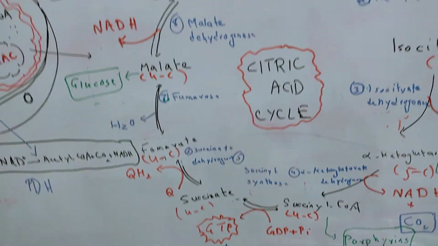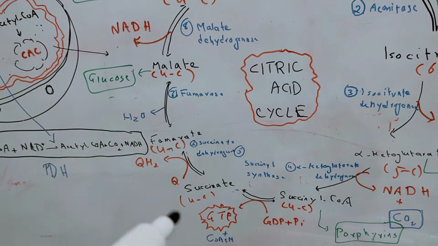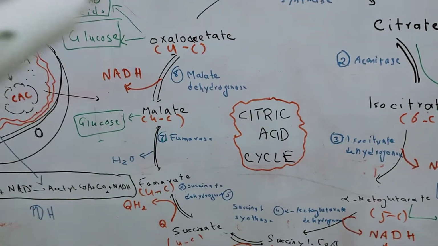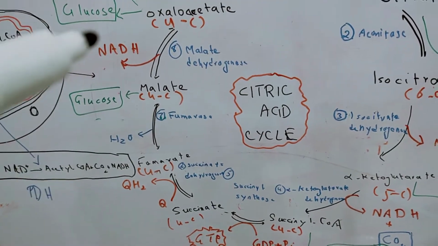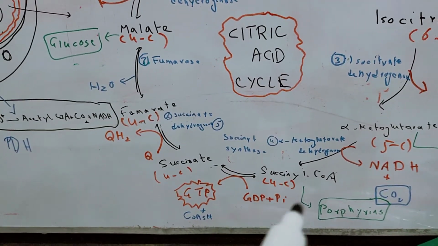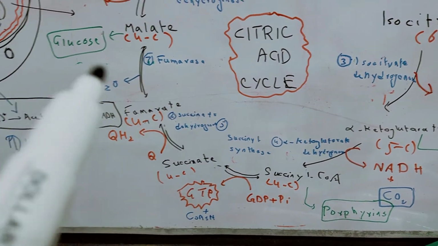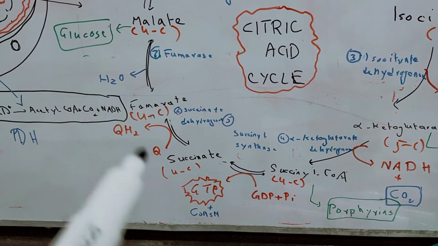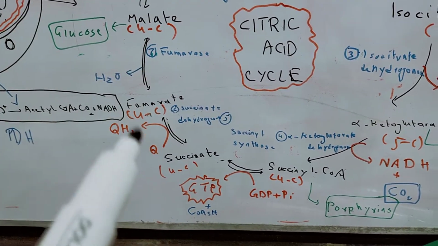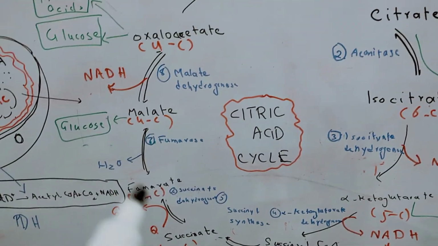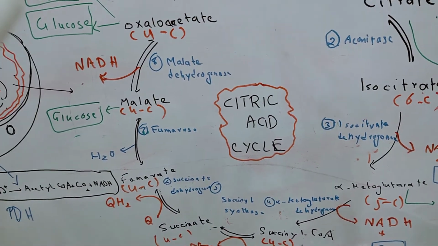Now, the remaining steps of the citric acid cycle are based upon regeneration of oxaloacetate, as you can see here. Succinyl-CoA will form succinate, succinate will form fumarate, another 4-carbon compound, fumarate will form malate, and malate will be converted into oxaloacetate.